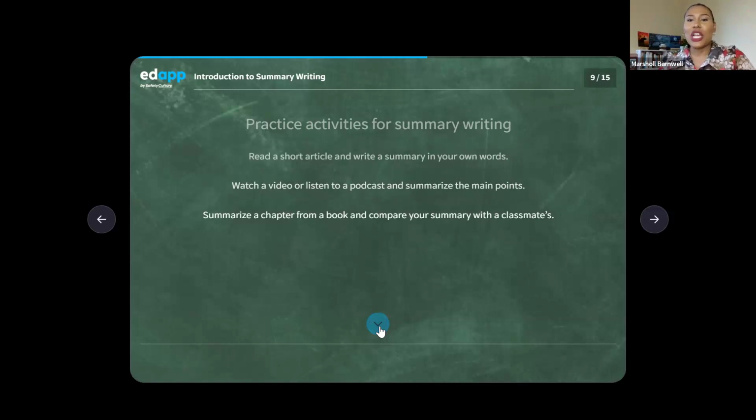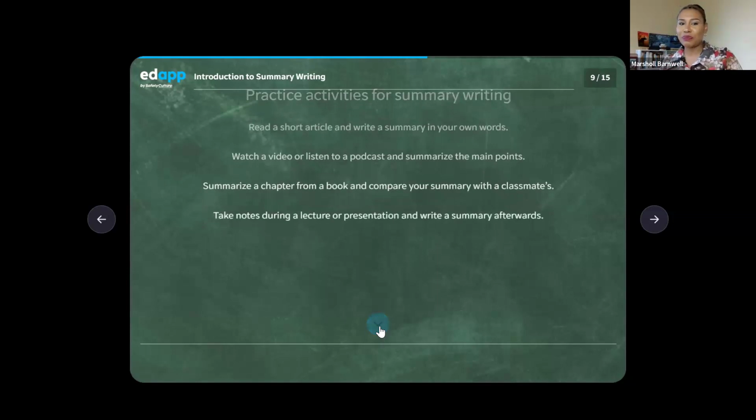You can summarize chapters from books, and then you can compare. So if you have a friend whom you engage information with, like y'all share books, y'all share movies, etc., it will help if you share, as well as note taking.